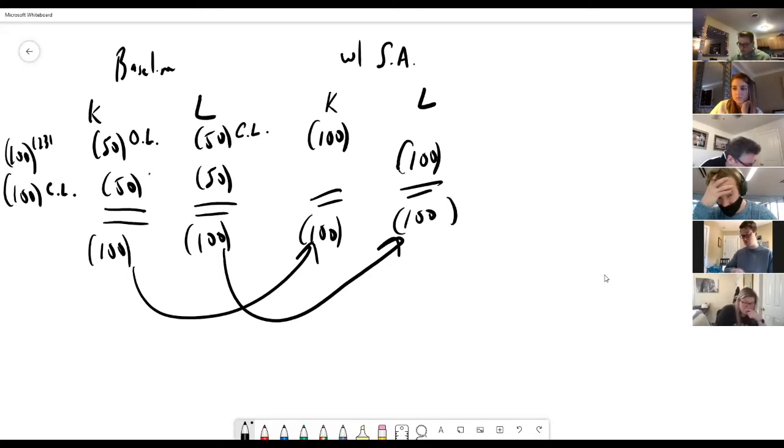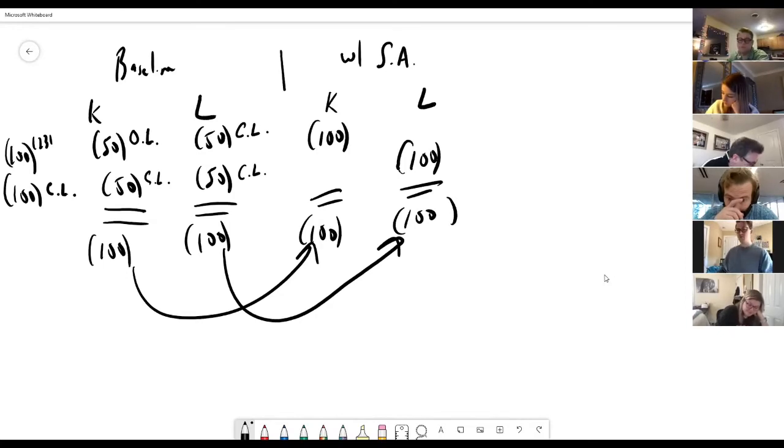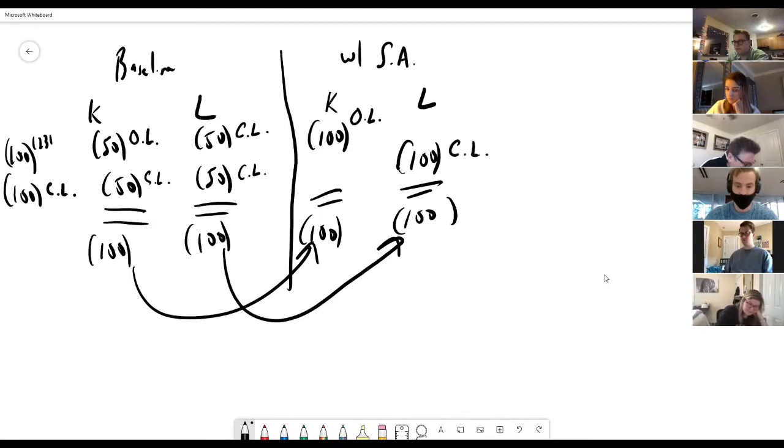And of course, the other loss is a capital loss as well. With the special allocations, this is again going to end up being an ordinary loss for K because K has no 1231 gains, individually or through other partnerships. And L is going to have a capital loss.